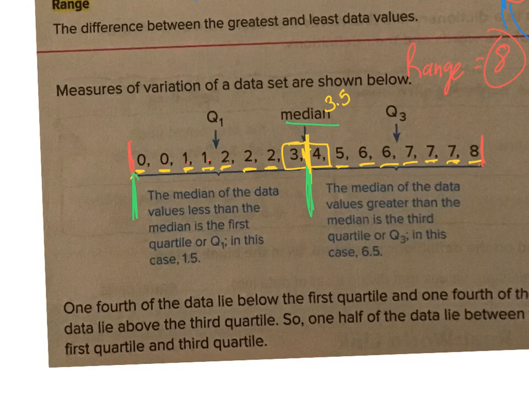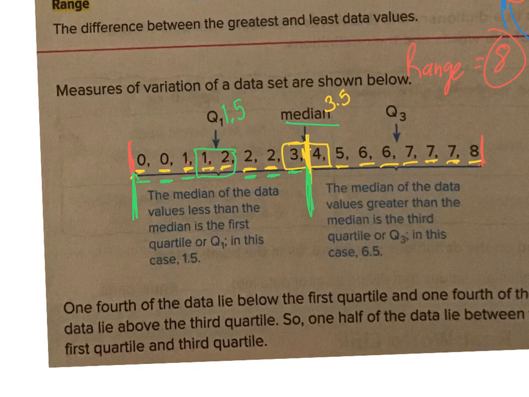But the median of this, so I take one of these away, one of these away, one of these away, one of these away, one of these, and I'm left with that. So 1 plus 2 is 3, divided by 2 is 1.5. So quartile 1 is 1.5.